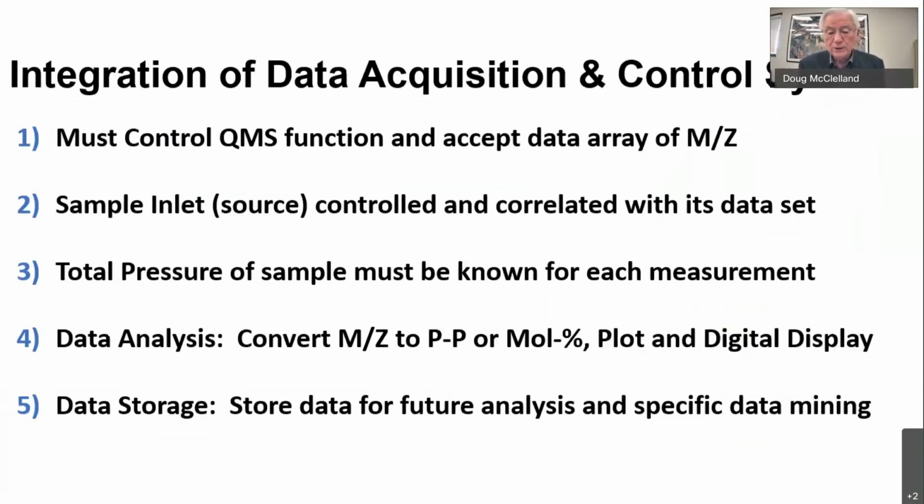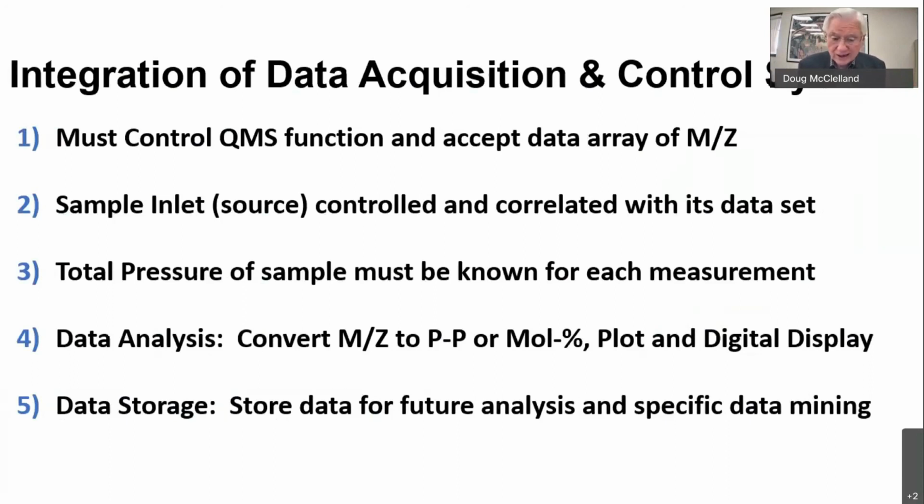Total pressure of the sample should be known for each measurement as part of our closure to make sure we've accounted for everything. Data analysis converts the ion currents from the mass-to-charge species to partial pressures to mole percents, and then plots and gives a digital display of those net results as a function of time.